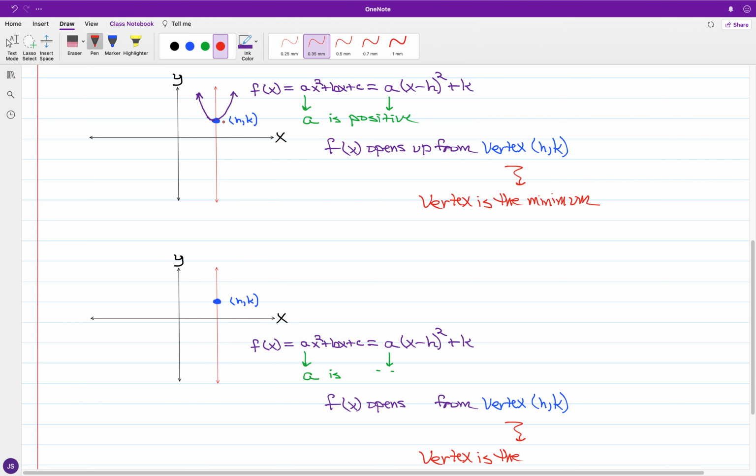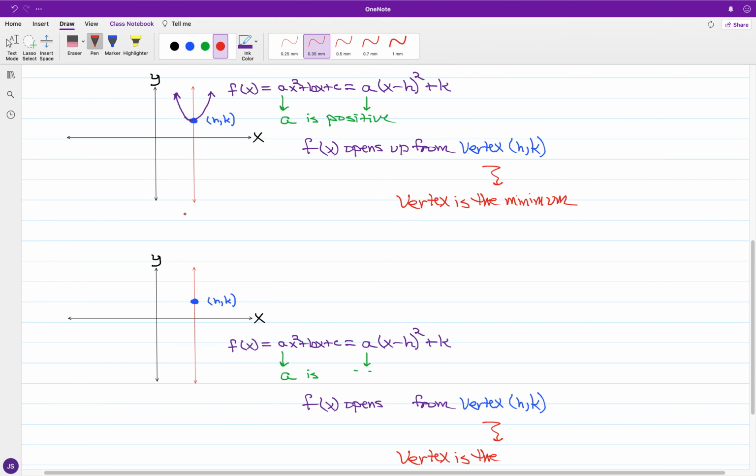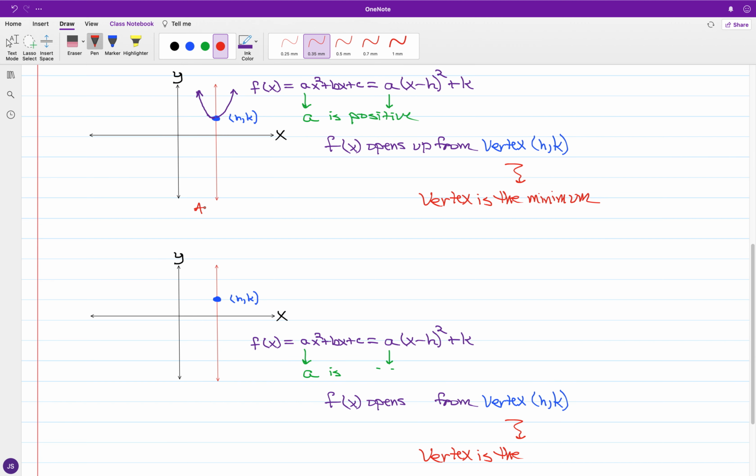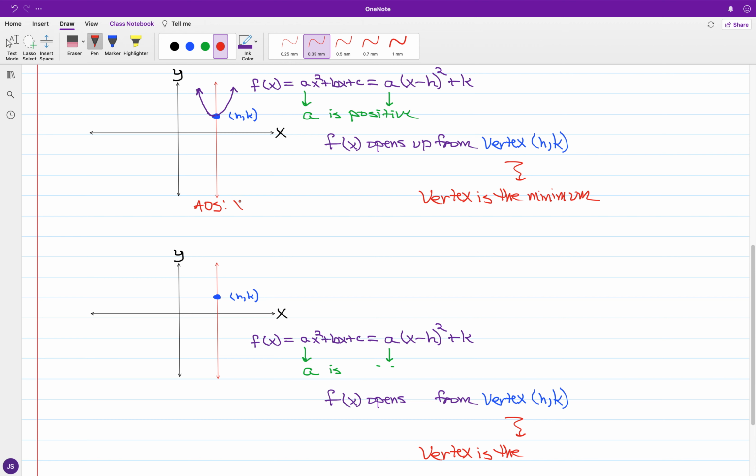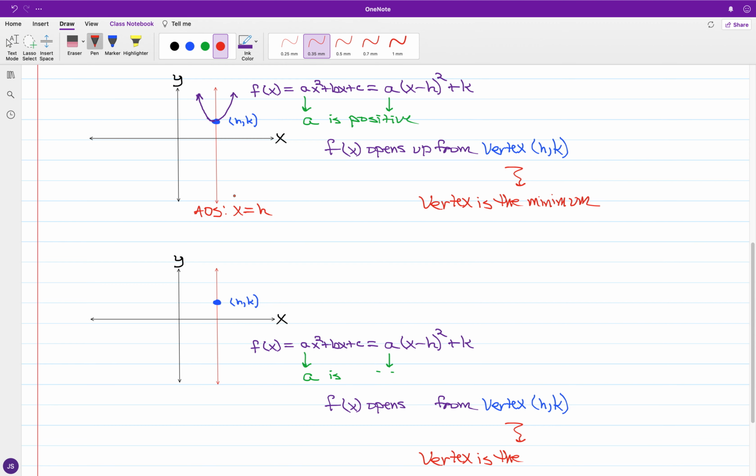That red line that passes through the vertex is, again, the axis of symmetry. So I'm just going to use AOS, short for axis of symmetry. That's going to be x is equal to h. And the axis of symmetry always passes through the vertex. Again, x is equal to h, and your x value is already at h at the vertex.